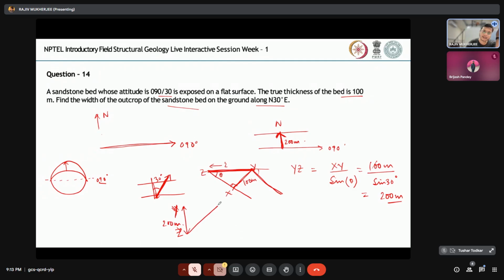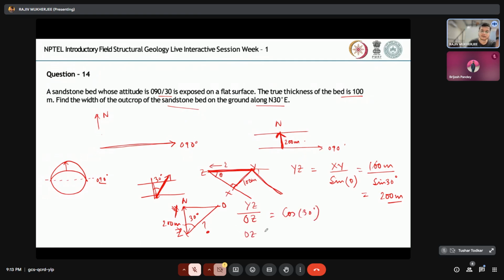And we have to calculate the thickness, say for example O here, what will be the value of the apparent thickness if we go 30 degrees from north along the direction north 30 degrees east. So simply we need to calculate the value of OZ. YZ by OZ is basically cos 30 degrees, right?